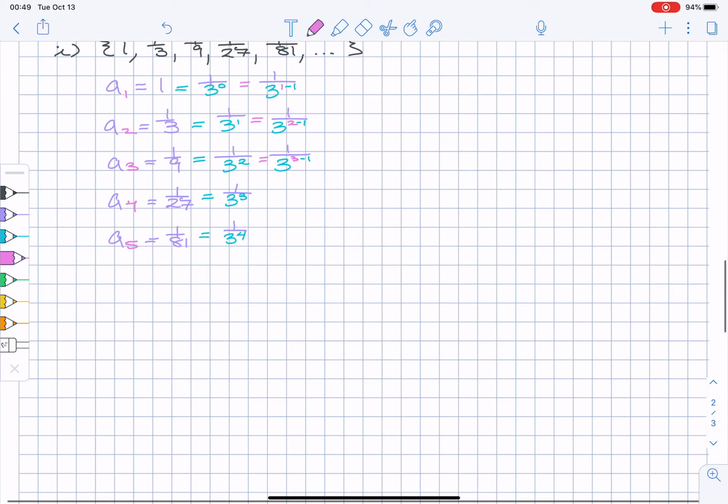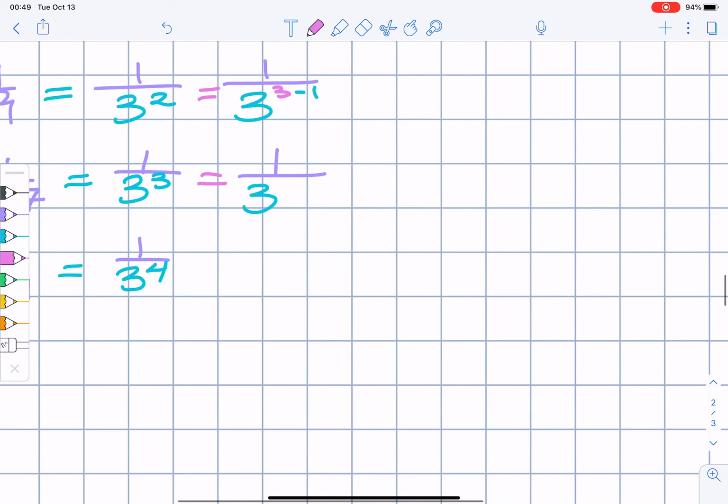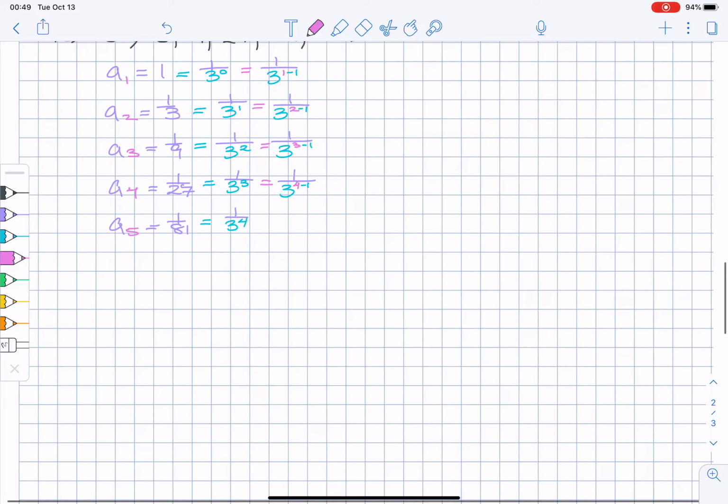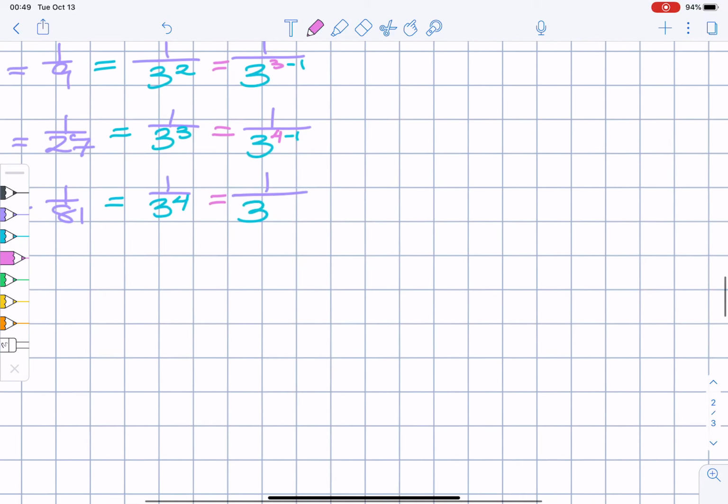Claim that the next one will be 1 over 3 to the 4 minus 1 in the exponent. And finally, I claim that the last one will be 1 over 3 to the 5 minus 1.